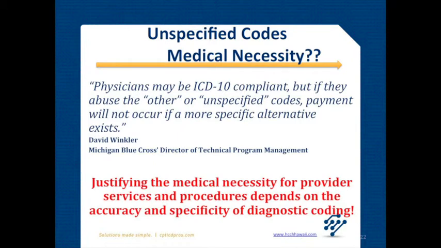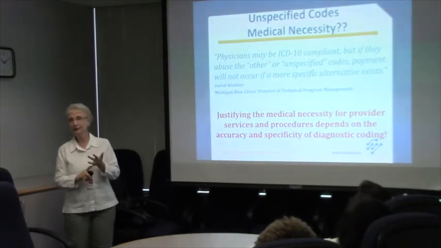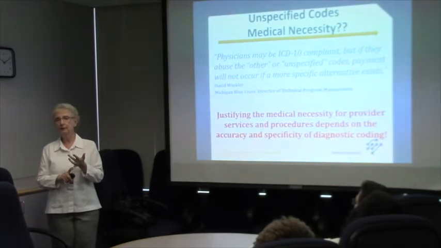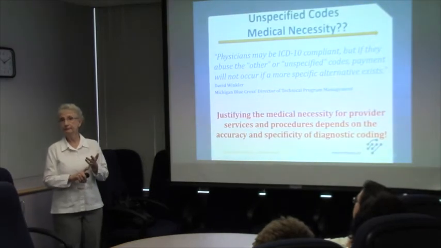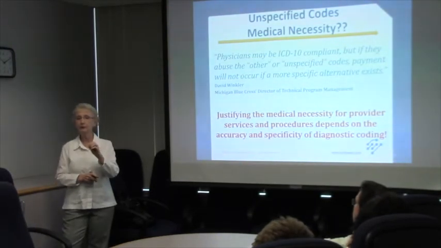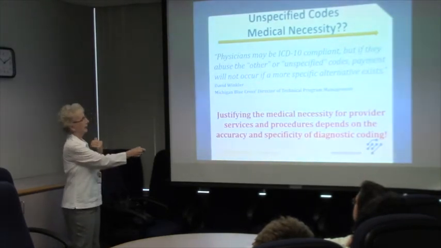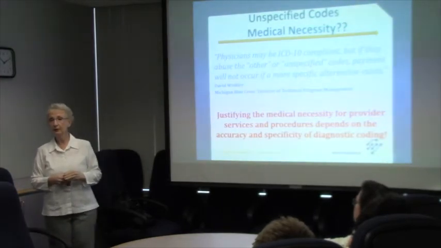They may be coding properly. However, if they abuse the unspecified codes, if they're submitting acute otitis media unspecified ear, or acute myocardial infarction other vessel, there are codes for those, and they are useful if that's the only information that the doctor has at hand. But once they figure it out, if a code exists for a more specific alternative, they must use it, according to Blue Cross.